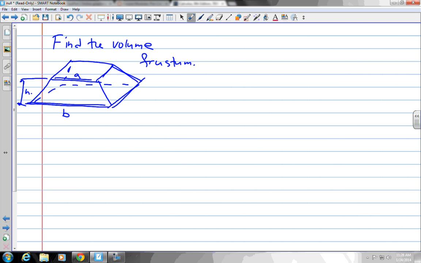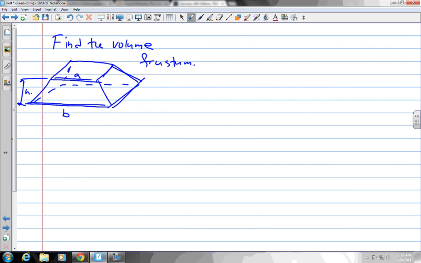Okay? So if I slice this frustum, at any point parallel to the base, no matter where I slice it, what shape do I get? Well, no, I'm slicing it that way.